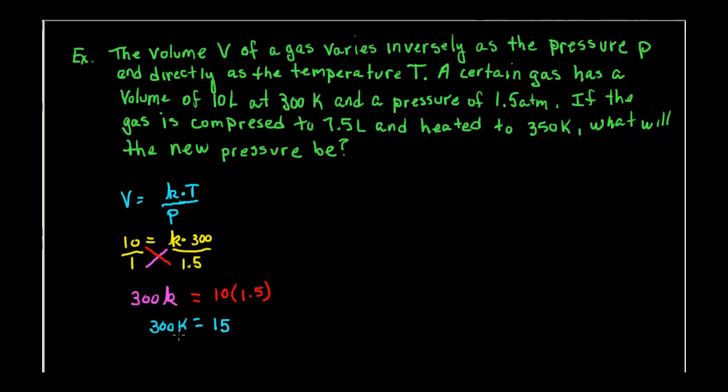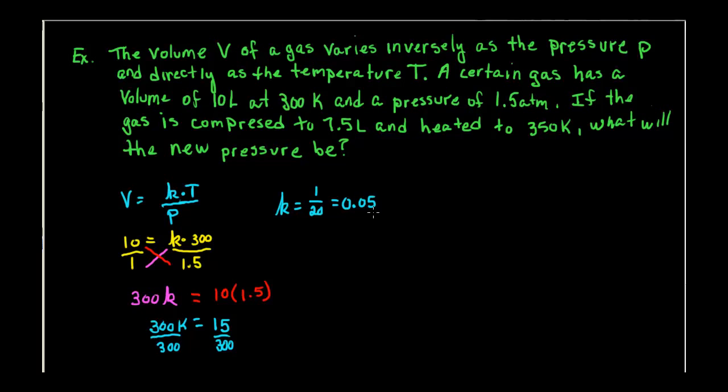Divide both sides by 300. That gives us the constant of 1/20th. 1/20th is 5/100ths, which is 0.05.